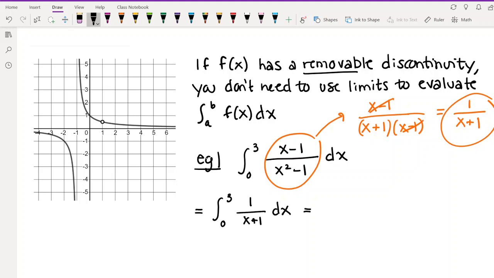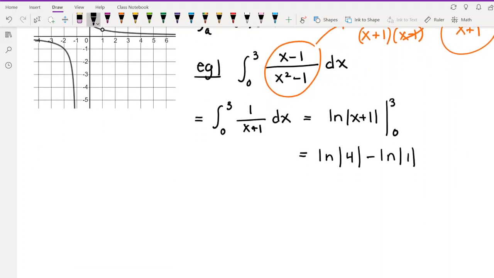And so you would have ln of absolute value of x plus 1, and you would evaluate it at 3 and at 0. So you would end up with ln of absolute value of 4 minus ln of absolute value of 1. ln of 1 is 0, so we would just be left with ln of 4. And that's fine, that would be your answer.